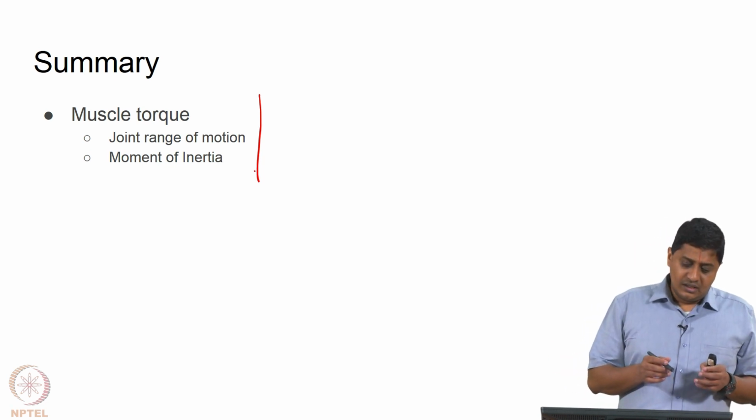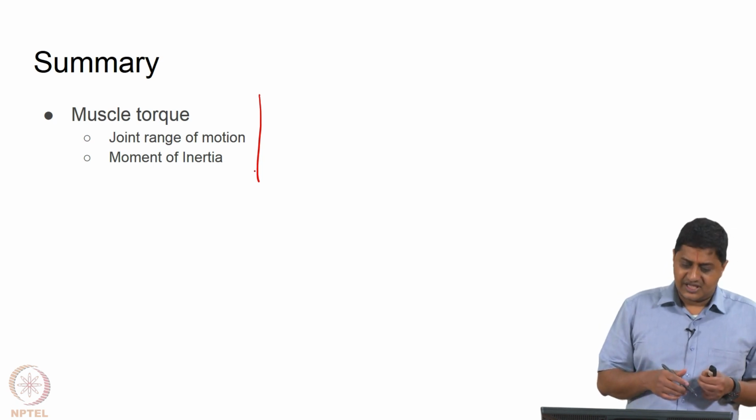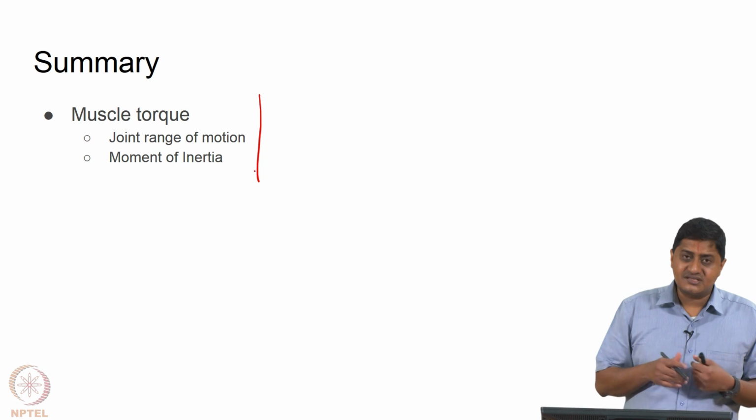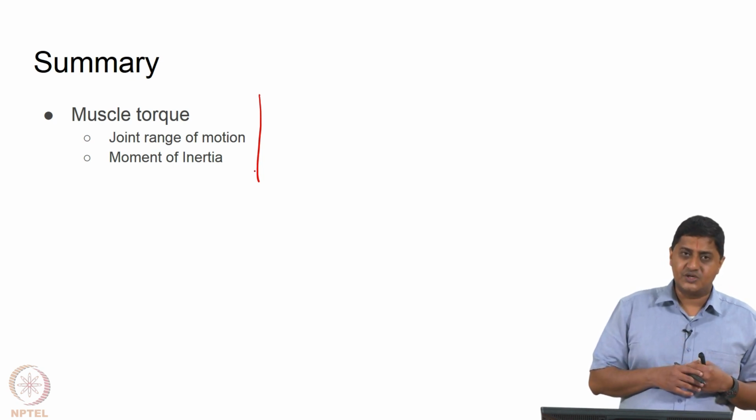However, if you are a beginner in a given motor task, and you have never done that before in your life, then it is not expected that the energy expended will be minimal, right.